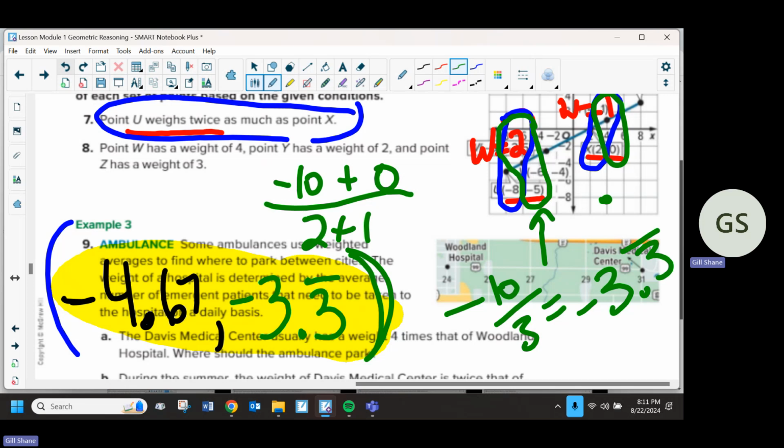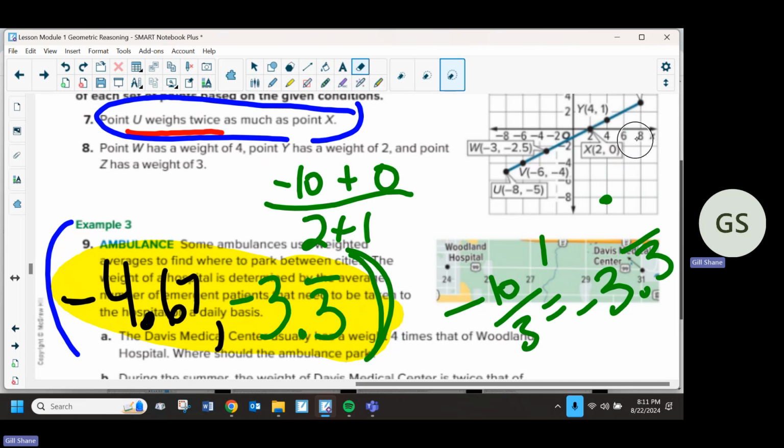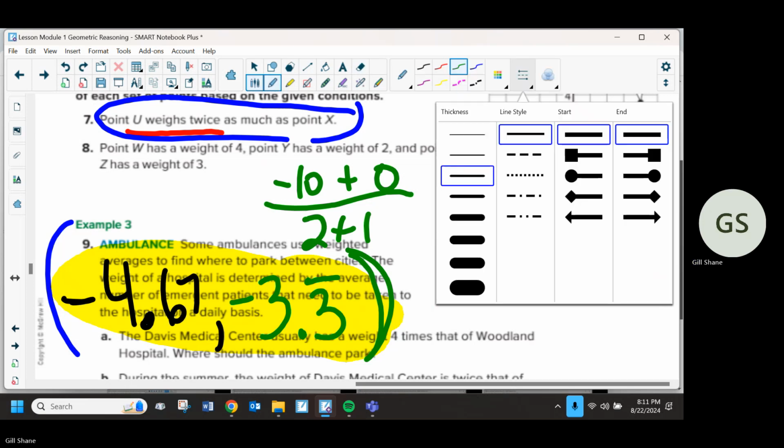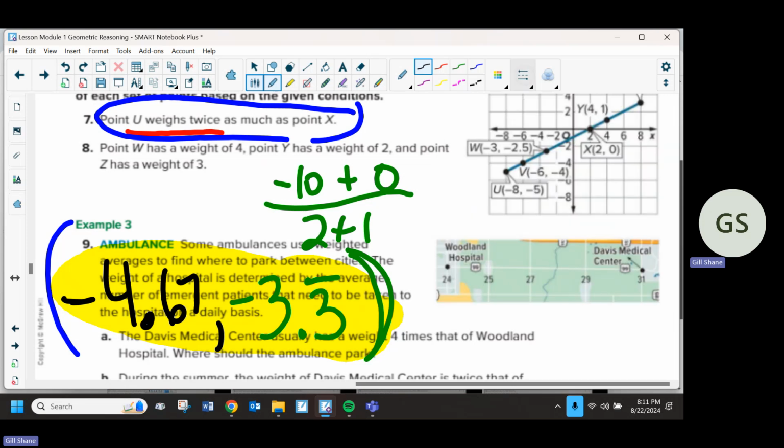I can get rid of all of that now, because now we're just trying to locate the point and see if it's on the line or not. So -4.67. Yeah, that's fine. Let's see, 5 would be right in the middle of -4 and 6. So it'd be somewhere like maybe right there.